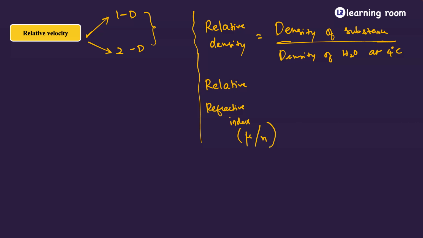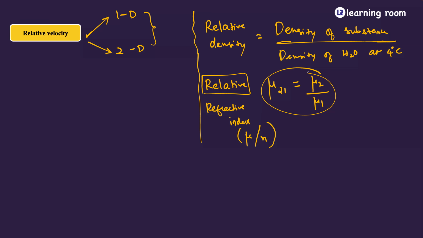Whereas if I use the word relative, you write it like this: mu 2(1) is equal to mu 2 divided by mu 1. This is the refractive index of the second medium with respect to the first medium. You have seen these kinds of equations.